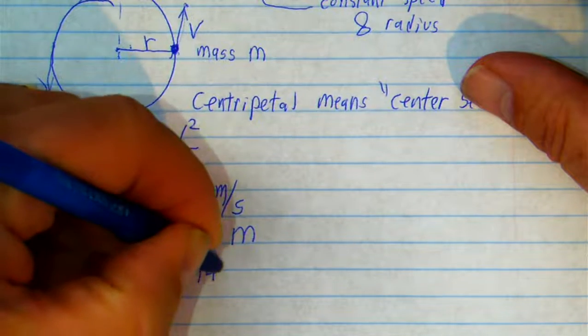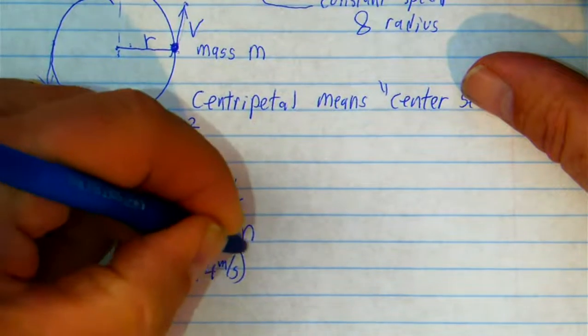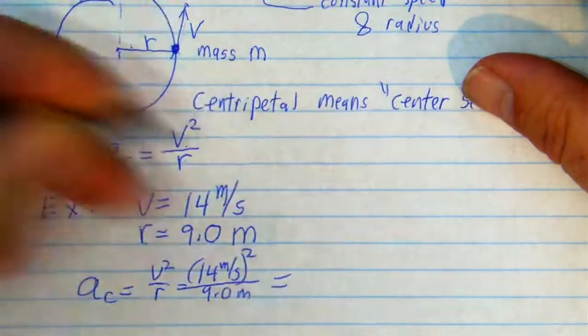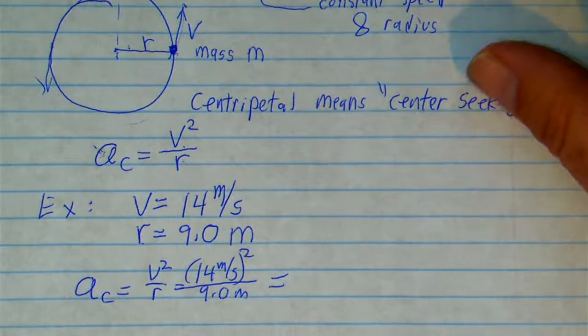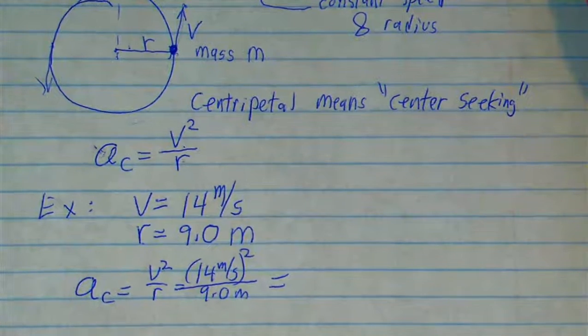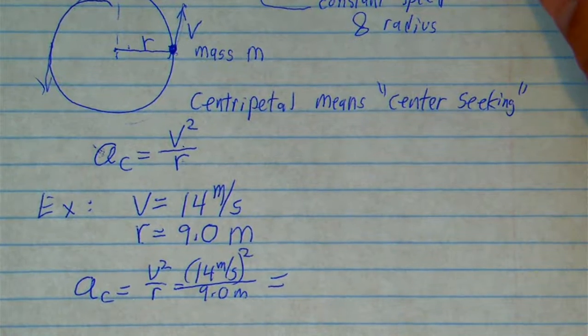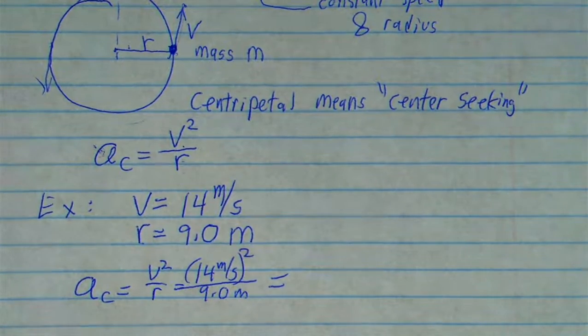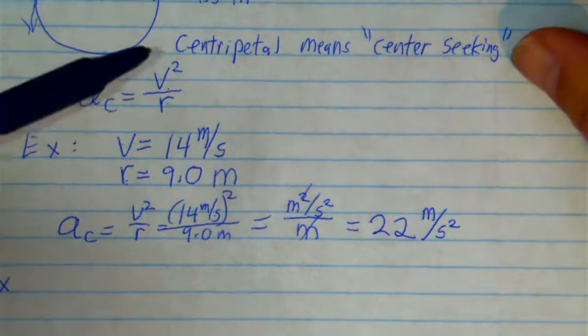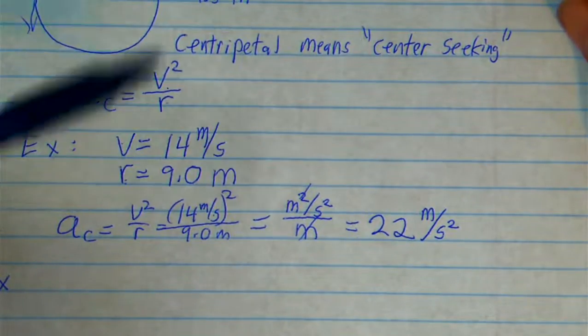That would be 14 meters per second quantity squared divided by 9 meters. And this is why we use calculators. 14 squared divided by 9 is... Yikes. So you can see the answer now.